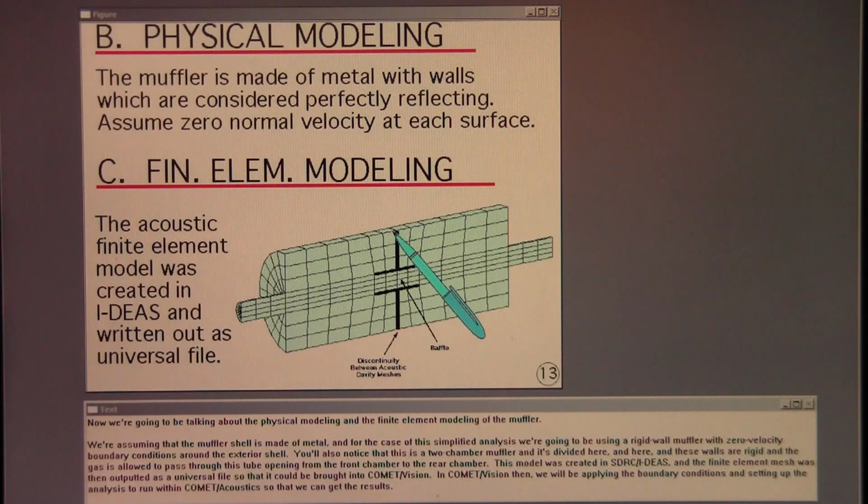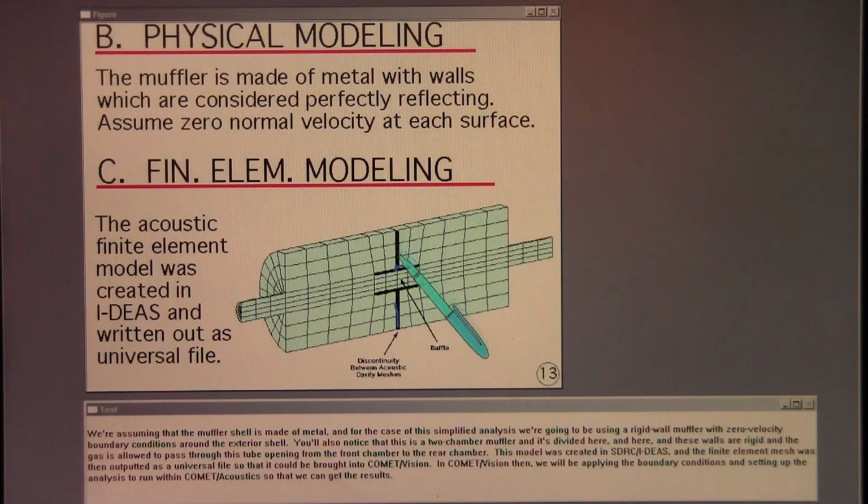You'll also notice that this is a two-chamber muffler, and it's divided here and here, and these walls are rigid, and the gas is allowed to pass through this tube opening from the front chamber to the rear chamber.